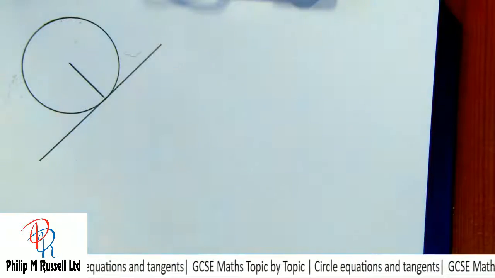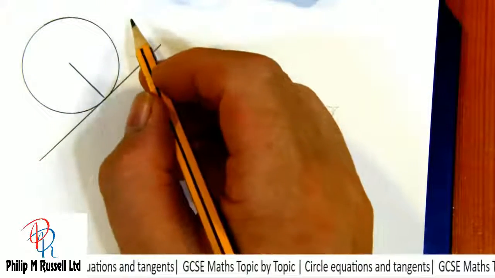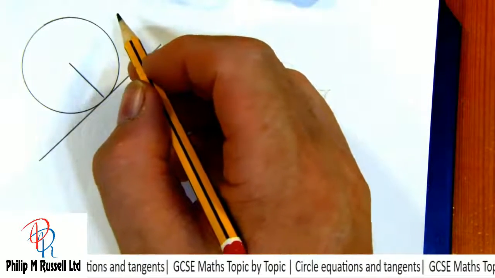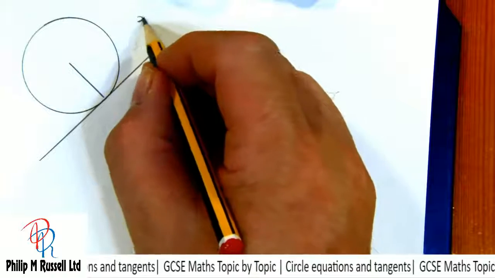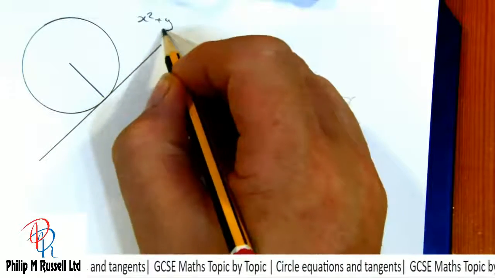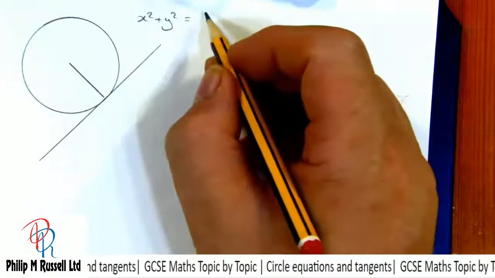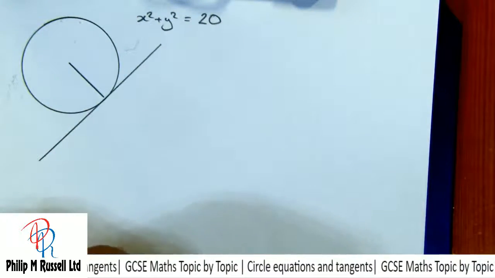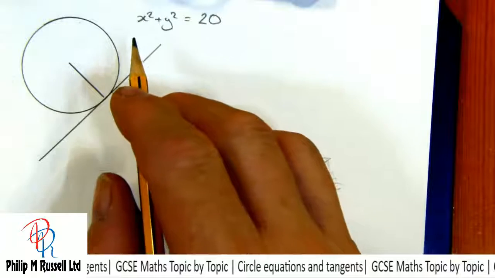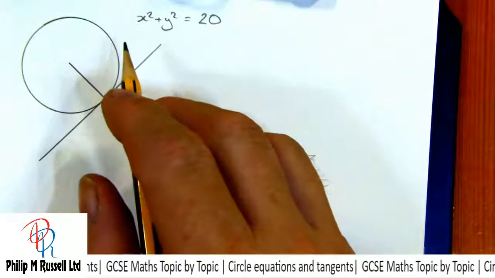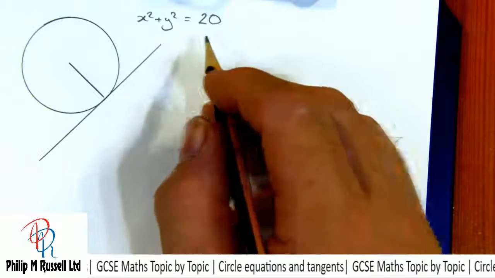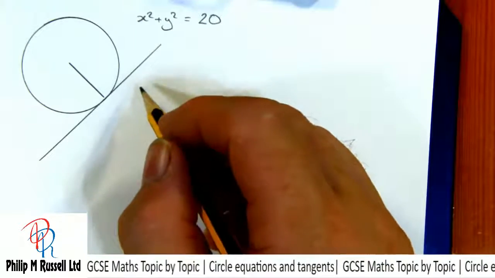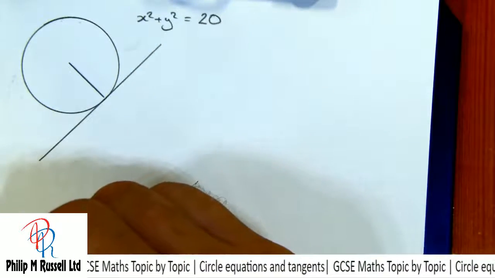and we need some sort of equation of this, and let's suppose that x squared plus y squared equals something like, I don't know, 20. And we might want to work out for this perhaps something like find the equation of the tangent.